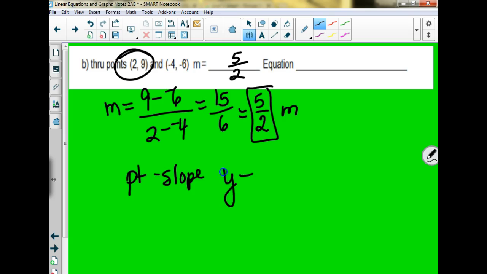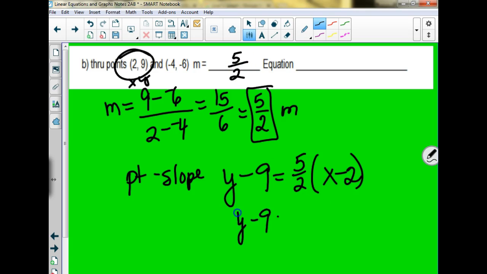So we're going to go y minus, what y value did we decide we wanted to use? Equals 5 halves x minus the 2. This was an x, this was a y, and this was our slope. All right? Y minus 9 equals 5 halves x minus. When I distribute this, this becomes a 5. What if I told you this had to be standard form?